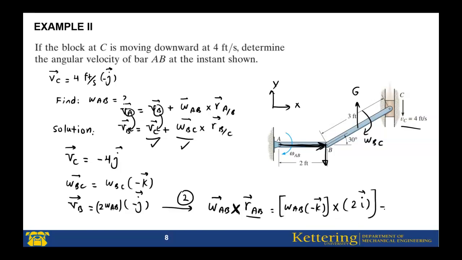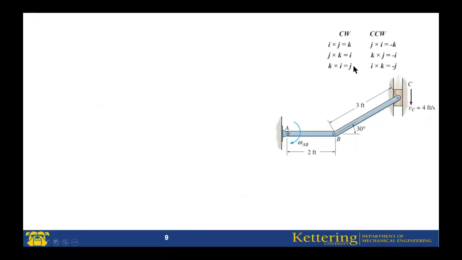Now, this one will be minus 2 omega AB, k cross product of i. K cross product of i is j.